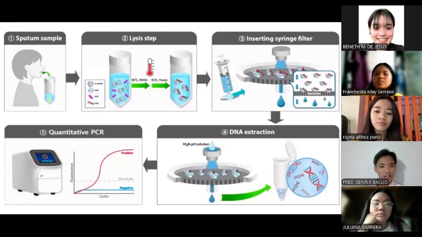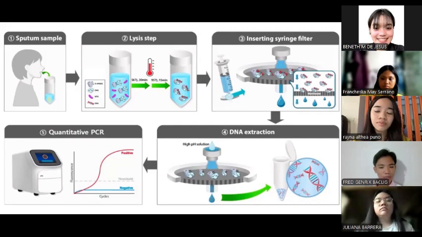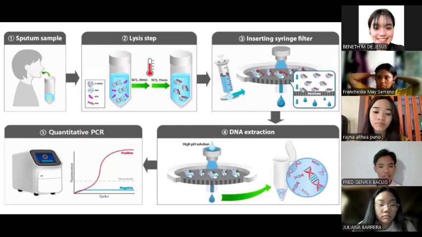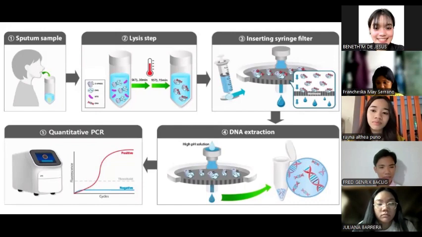And then fourth is to release the DNA by adding a high pH solution, which separates it from the beads. And then we need to analyze the extracted DNA using quantitative PCR to detect the presence of bacterial DNA. So that is the process of determining if there is Mycobacterium tuberculosis in a patient. So next, please.